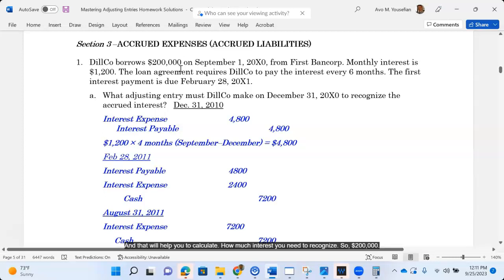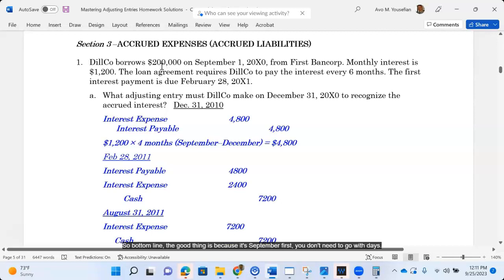So $200,000 times 7.2% times 70 days out of 360. 365 if you like it that way. In accounting, we normally use 360 because it's easier, but 365 is a little bit more accurate.